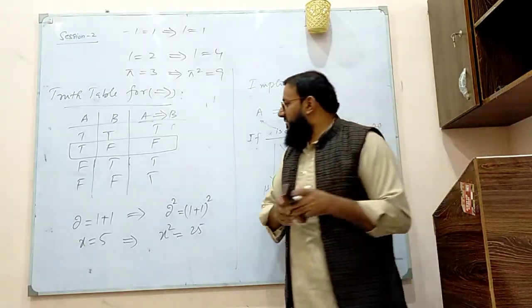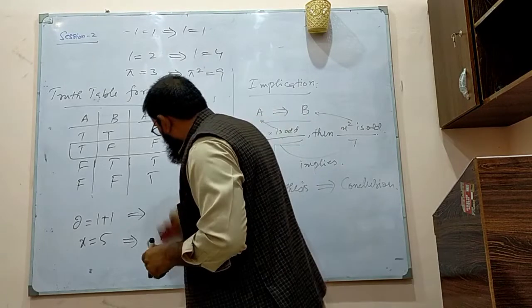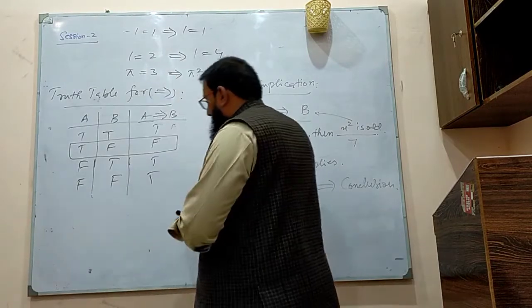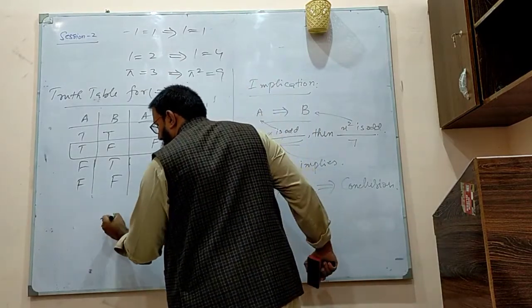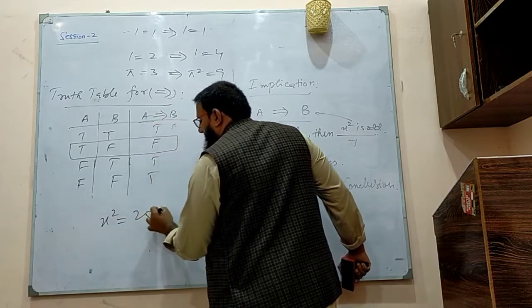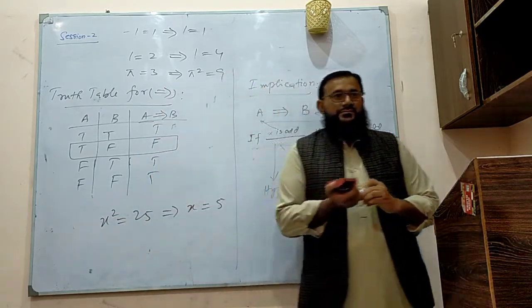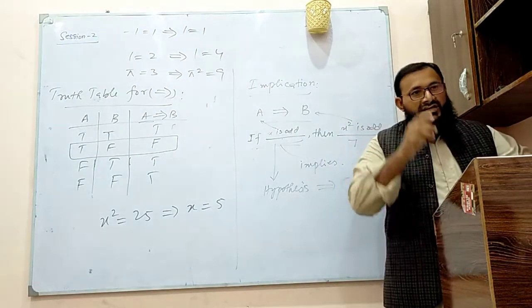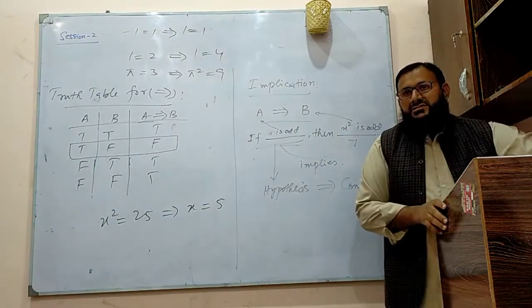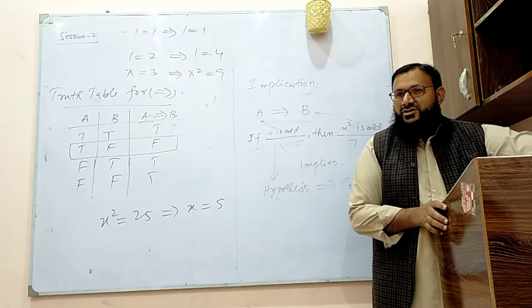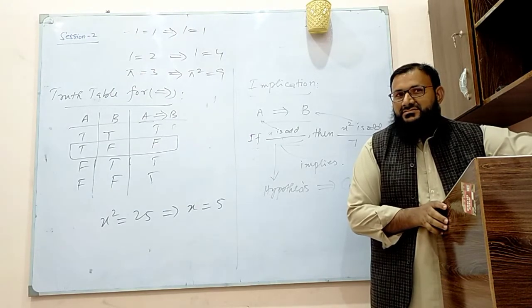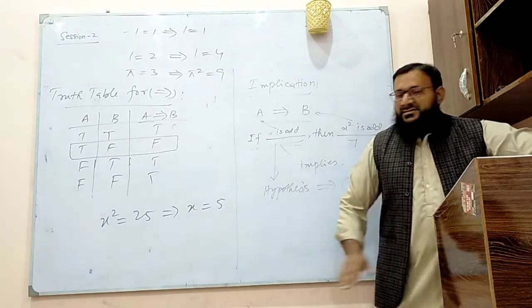So let me give an example for this. The example is x squared is equal to 25 implies x is equal to 5. You take a square root on both sides, the answer will be 5. What's wrong with that? x is also equal to minus 5.